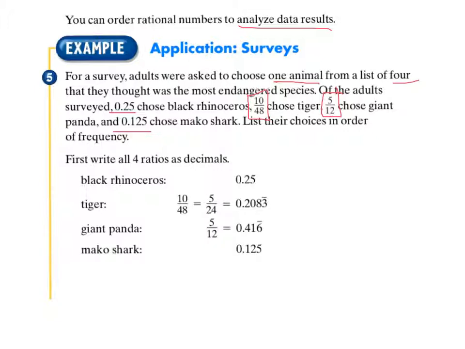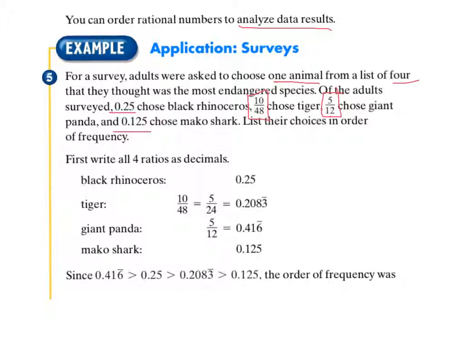So if we look at these values, we can now easily compare them by first looking at the number in the tenths place. So the order of frequency, we're going to start with the one that happens the most often and go to the least often. So 4/10 is bigger than all the other ones, so 0.416 repeating. Next we look at the 2 that have a 2 in the tenths place.